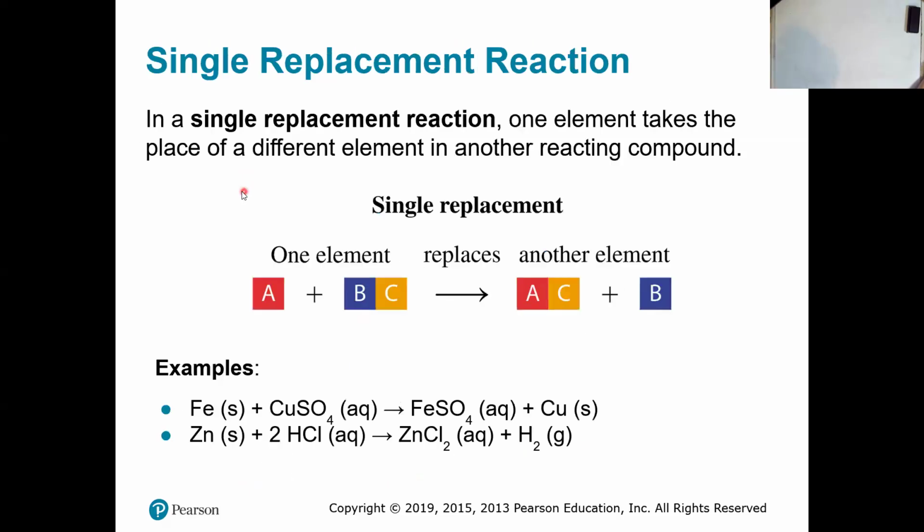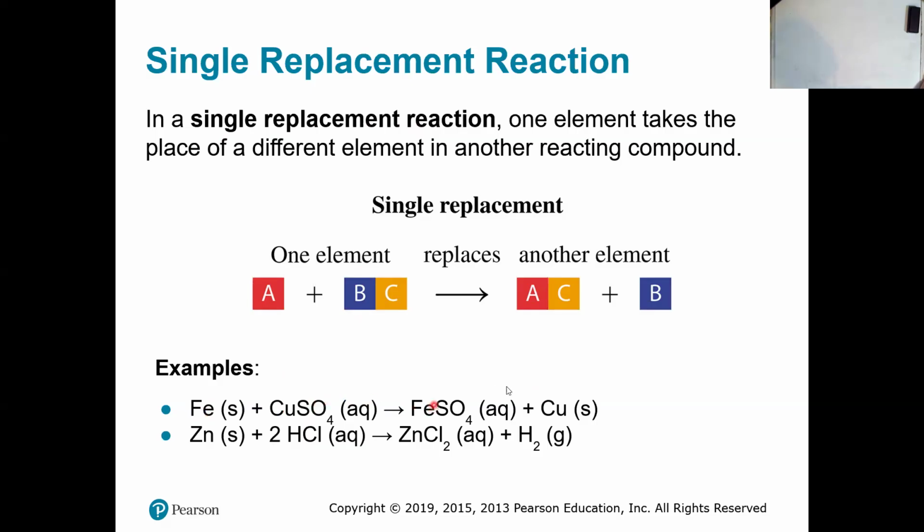Our next 2 reactions that kind of go together are our replacement reactions. We're going to have a single replacement reaction and a double replacement reaction. In single replacement reactions, you'll be able to tell it's a single replacement because you're going to start with an element and a compound on one side. And then on your product side, the element and the compound are going to switch places. Something in your compound is going to switch places with your element. So notice that here we started out with iron by itself, and then the copper and the sulfate are together.